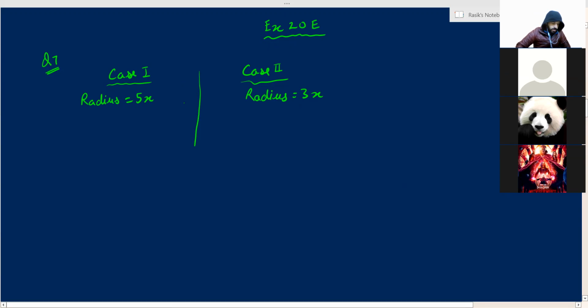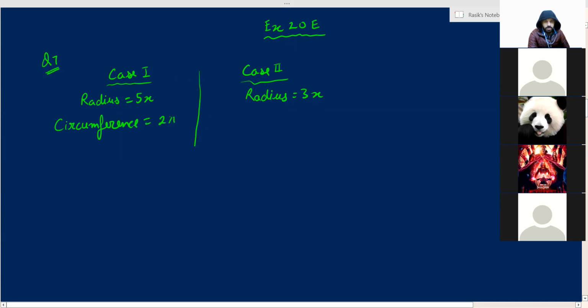Now the radius of the first circle is 5x, of the second circle is 3x. We have to find the ratio of their circumferences. So what is the formula of circumference? Circumference is equal to 2 pi r. So the circumference C1 of the first circle is 2 pi into 5x.